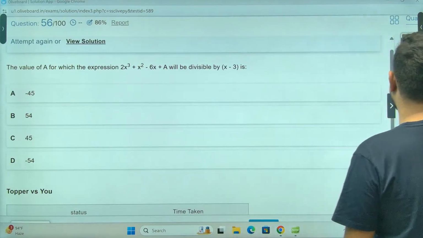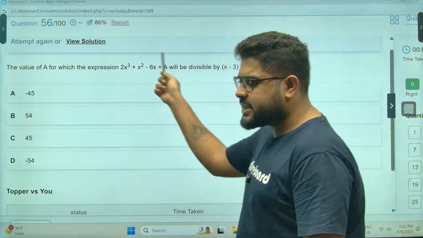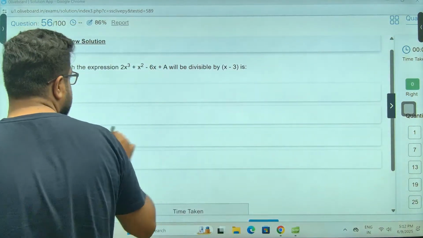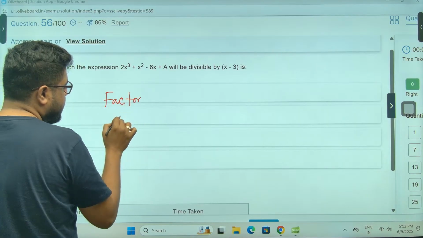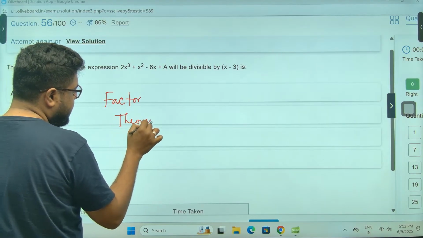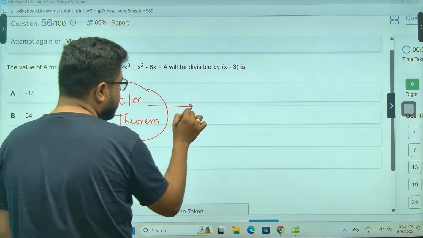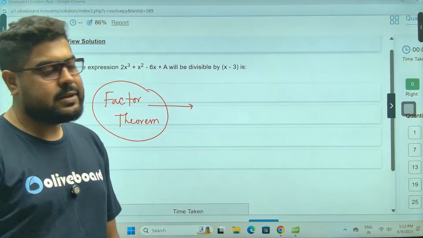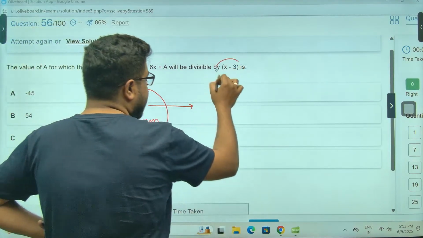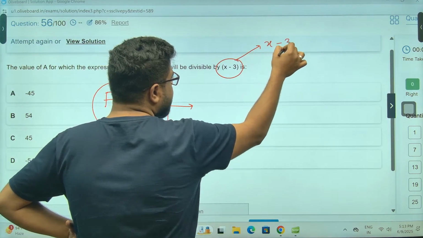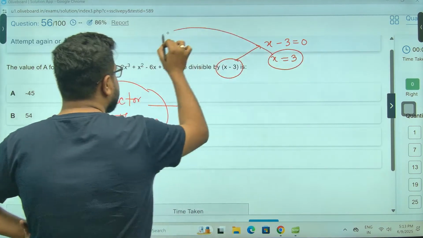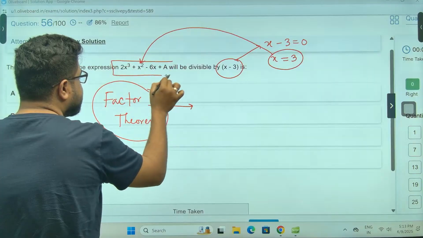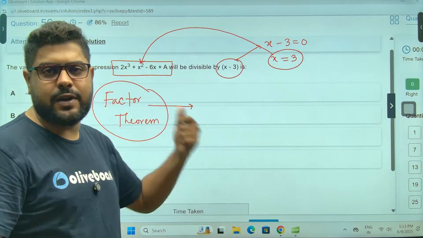This expression is divisible by that expression. Meaning, this is a question of factor theorem. I've told you this multiple times. If you put x minus 3 equal to 0, that means x is equal to 3. So if you put this 3 in this expression, the whole expression should be equal to 0.